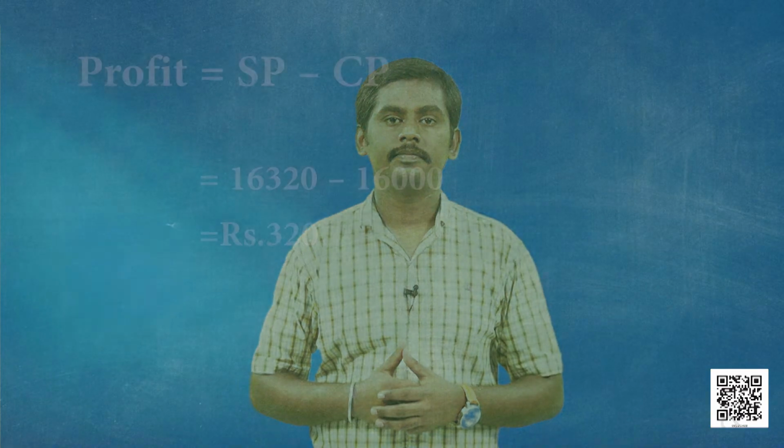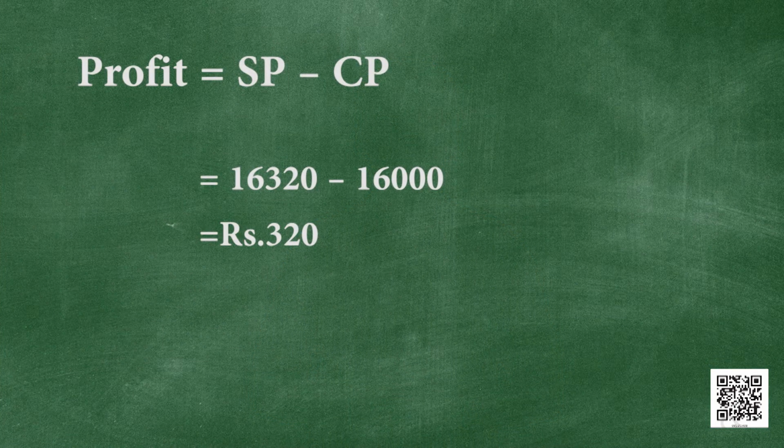So, now let us try to find the profit. Profit is equal to SP minus CP, that is equal to rupees 16,320 minus rupees 16,000. On simplification, we get this as rupees 320.